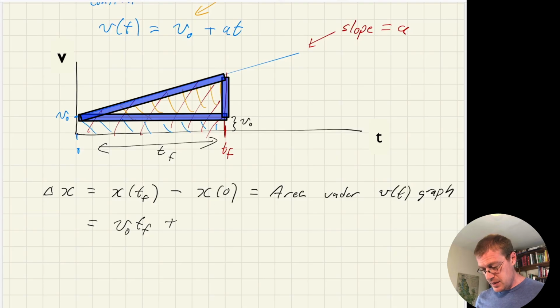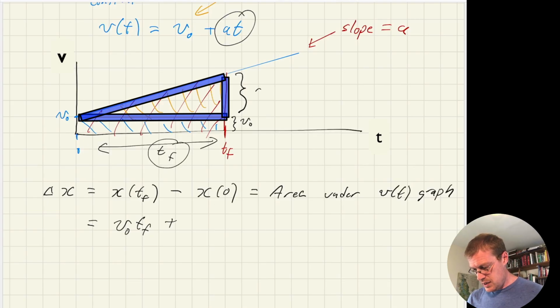The base is again tf, and the height is nothing but the change in velocity, that's just a tf. So this is 1/2 tf times a tf.